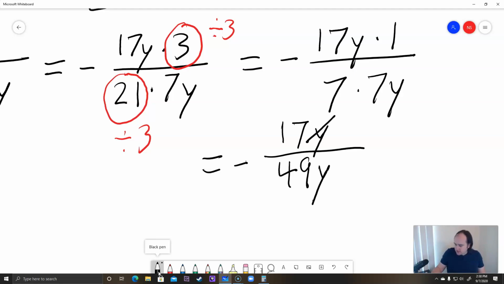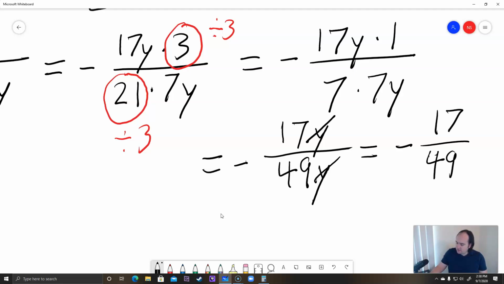But if you did method 1, where you subtract the exponents, you would have y to the 1 minus 1, which is y to the 0, and any number to the 0 is 1. So either way, everything cancels out for the y's, and there are no y's left over. That gives us our answer, which is negative 17 over 49.